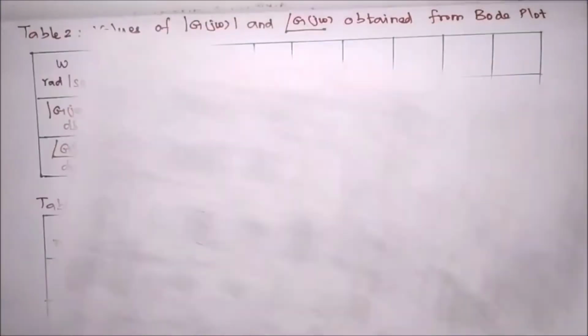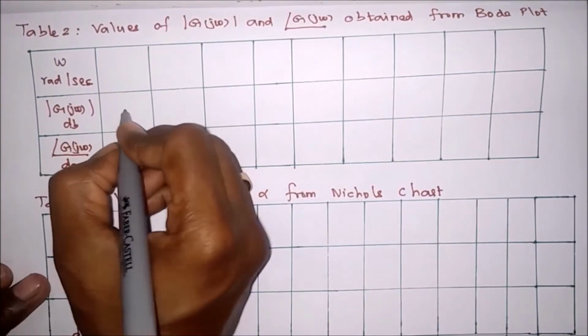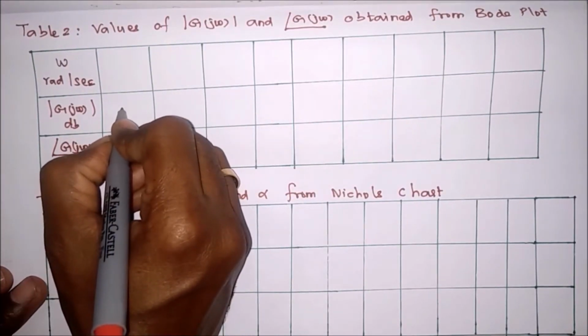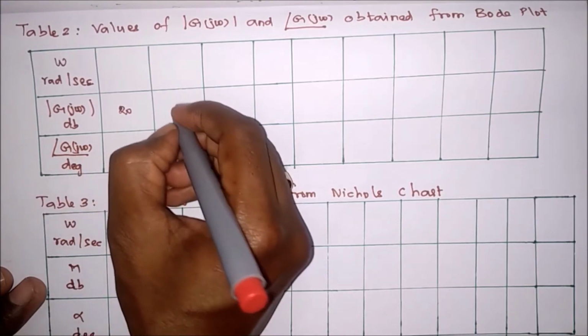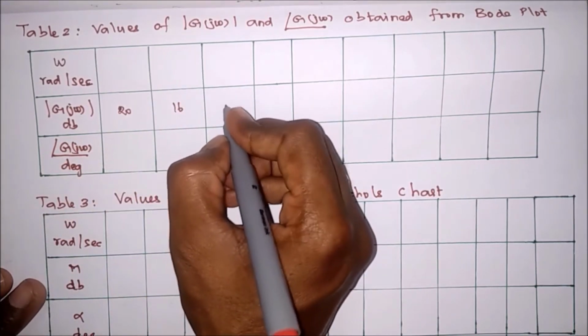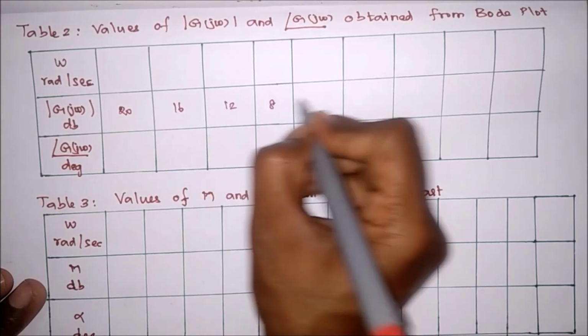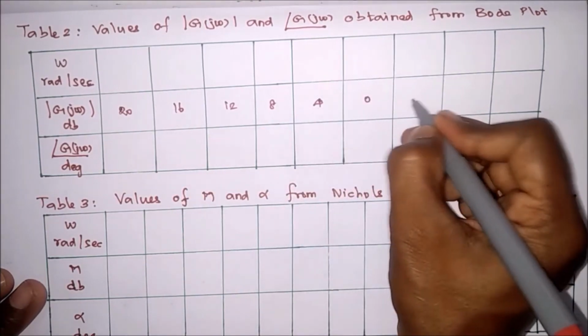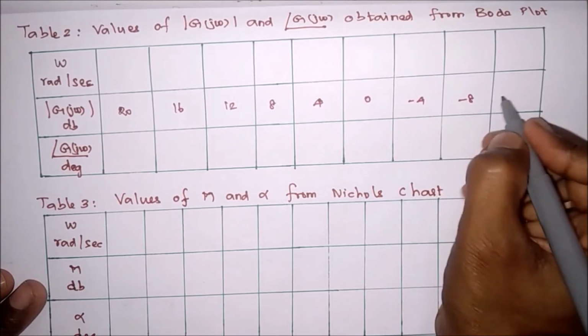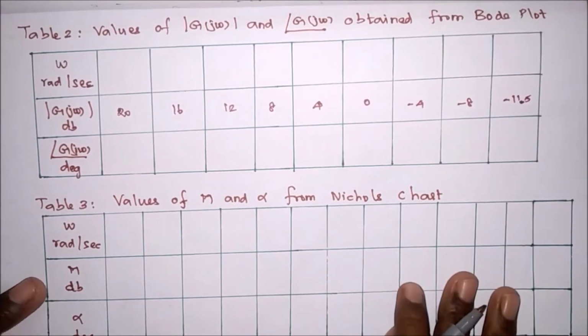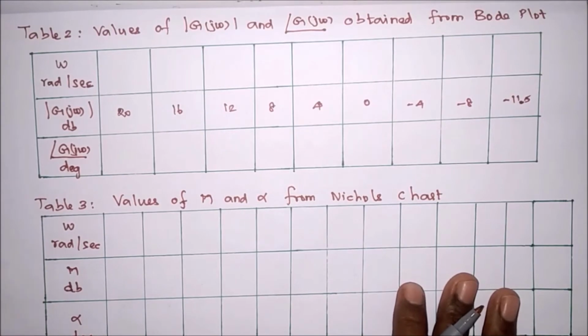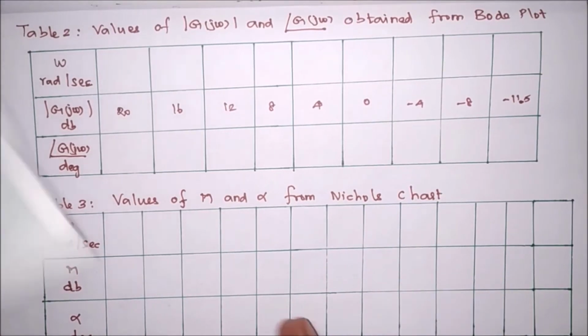That is the next table. We have taken the values from the Bode plot in gaps of 4: 20, 16, 12, 8, 4, 0, minus 4, minus 8, minus 12.